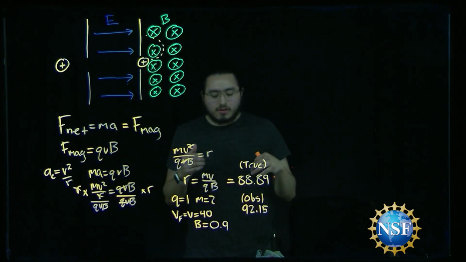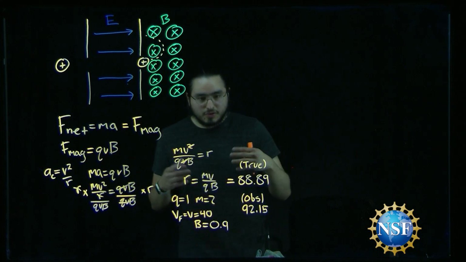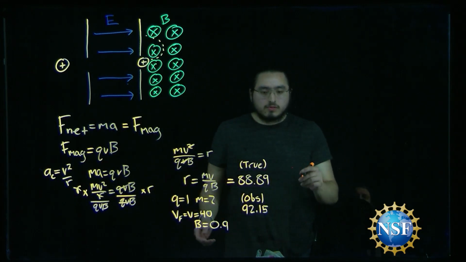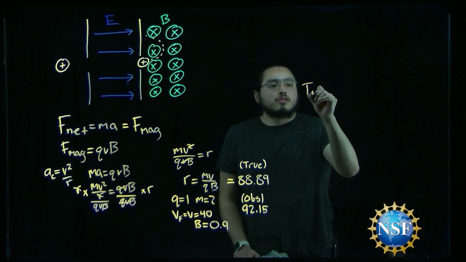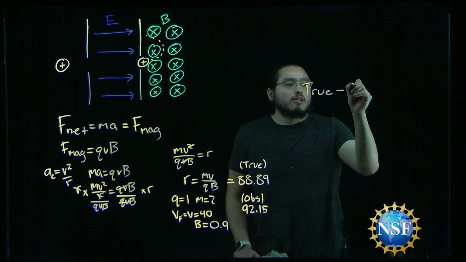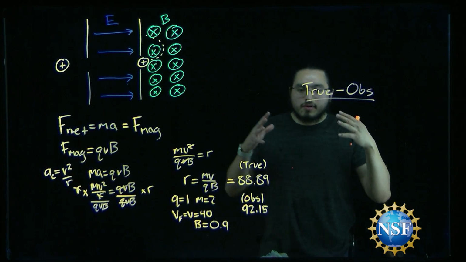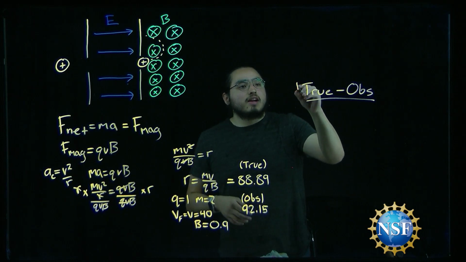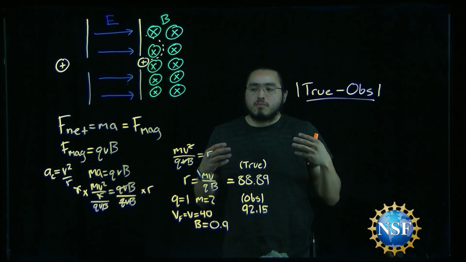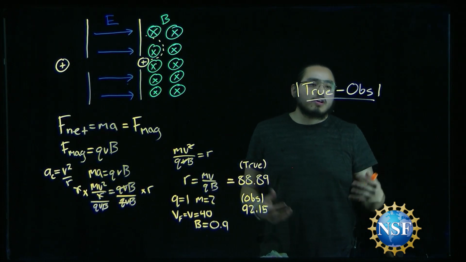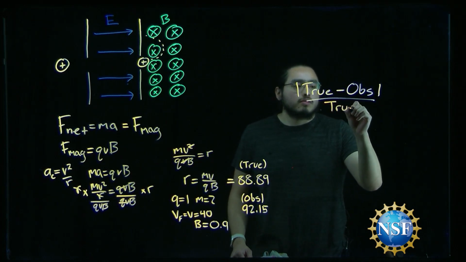And so now we want to calculate the percent error. How off were we from the true value? And so I'll just write this general form here. True minus observed. And in this case, we just care about the absolute magnitude of these values, because this could be plus or minus, but we still get the same percentage error that we want to see to know how close we were, over true.